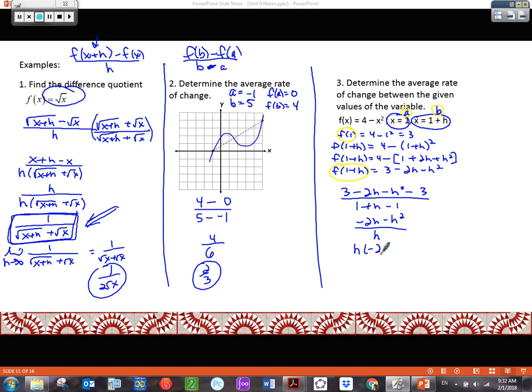I'm left with negative 2 minus h over h. That cancels. And my average rate of change is negative 2 minus h. Okay, is that okay? All right, so that is a total calculus lesson. That's pretty fun, right? Right? Calculus is so much fun.